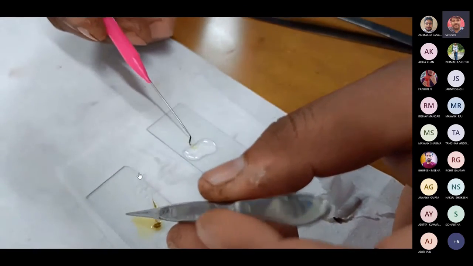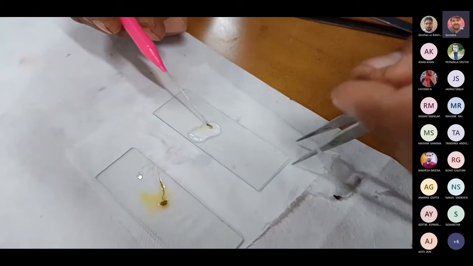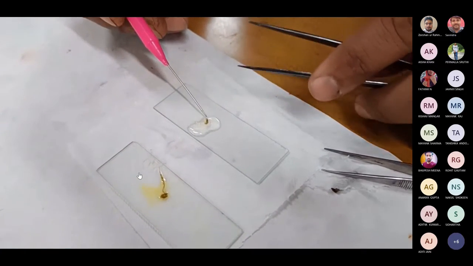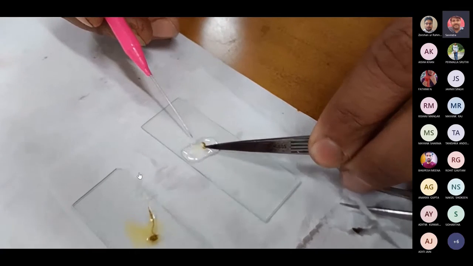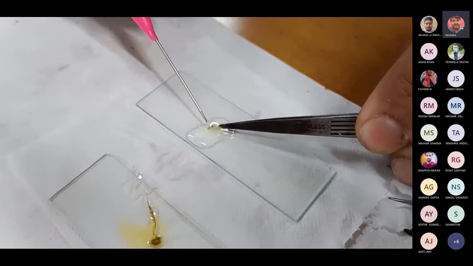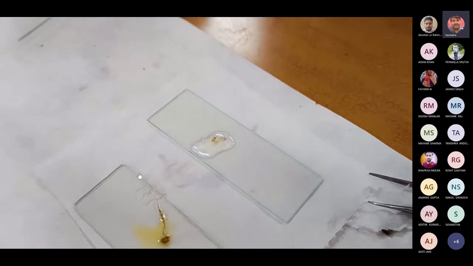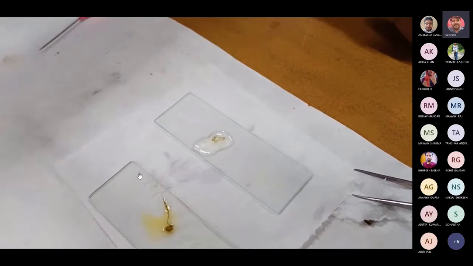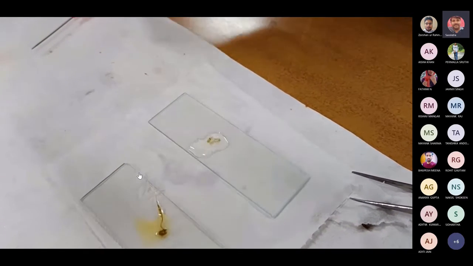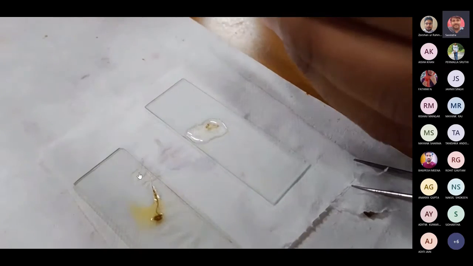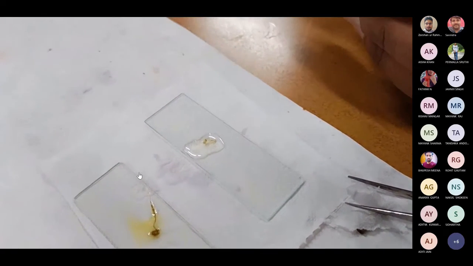Whatever I have taken, that is also not required. Only that much is required. And the most important thing is you have to try to separate out all the filaments as much as possible without damaging the cells, because you have to use the needle over here. You cannot use a brush for Oedogonium.